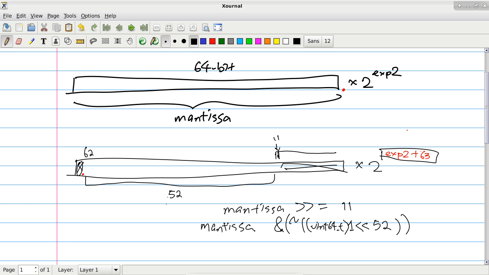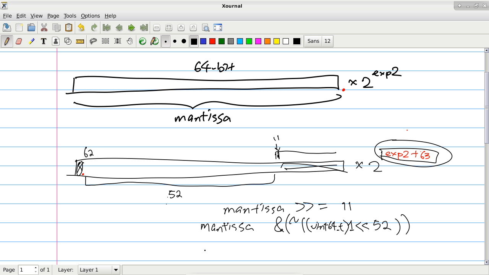So at this point, with this operation included, we would have moved the mantissa to the right place, and gotten rid of the bit that we do not need, but we still have the exponent and also the sign to take care of. Where is my exponent? This is my exponent. This is my actual exponent, but this is not what I need to store. The number that I need to actually store is what? It has to be biased by 1023.